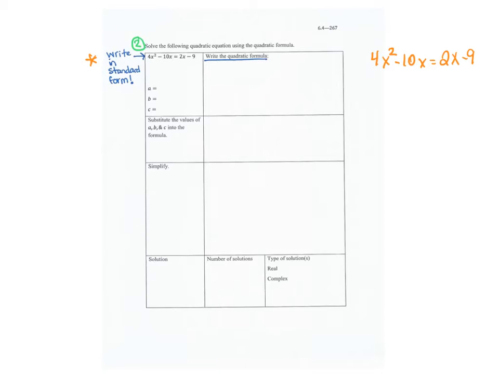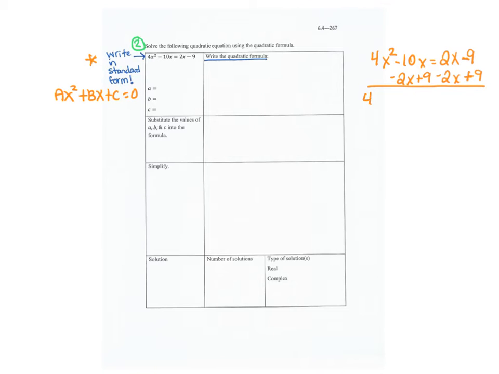Well, remember, standard form is going to be ax squared plus bx plus c equals 0. So I need to move my 2x over to the left by subtraction, and I need to move my negative 9 over to the left by addition. So draw me a line there.